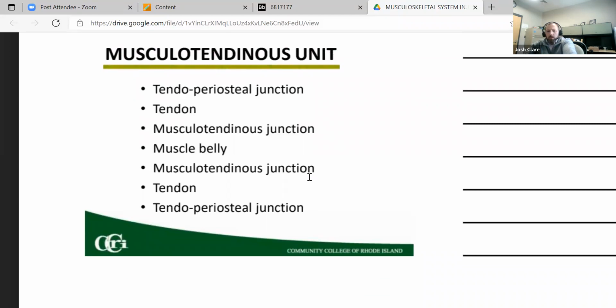So the musculotendinous unit: first we have the tenoperiosteal junction. That's where the tendon is attaching to the periosteum of the bone. Then it goes into the tendon. Then the musculotendinous junction, where there are the in-between fibers of tendon and muscle. Then we have the muscle belly, and then the same thing attaching to the other end of the muscle.